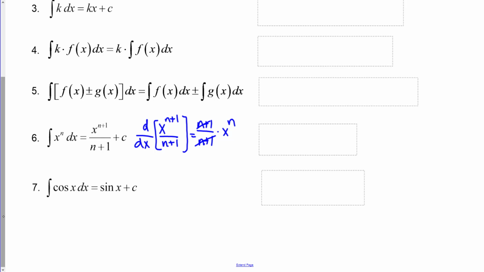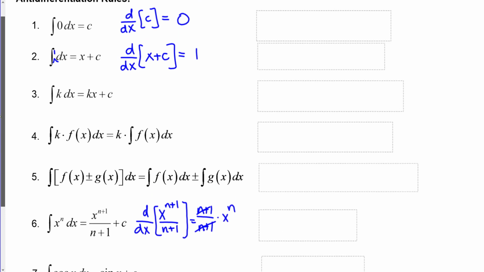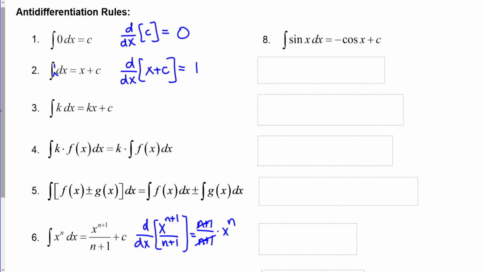The inverse rules here for the antiderivatives, the signs are the opposite. So the antiderivative of cosine is positive sine, whereas the antiderivative of sine is negative cosine. So they're still antiderivatives of one another, but just pay attention to those positive and negative signs because that can throw things off.